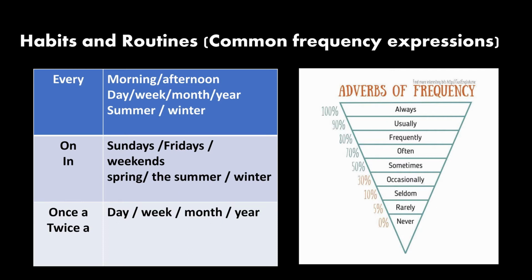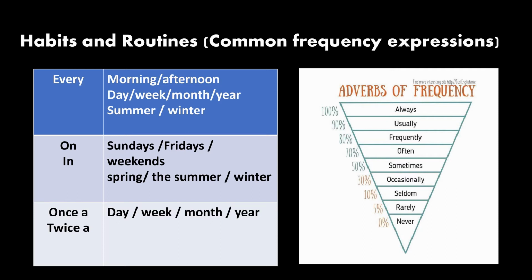I rarely watch TV, for instance, which means I watch very little TV. So children, remember these frequency expressions and adverbs. And also remember, when we talk about habits or routines, we don't use continuous or ing forms. Okay, alright.